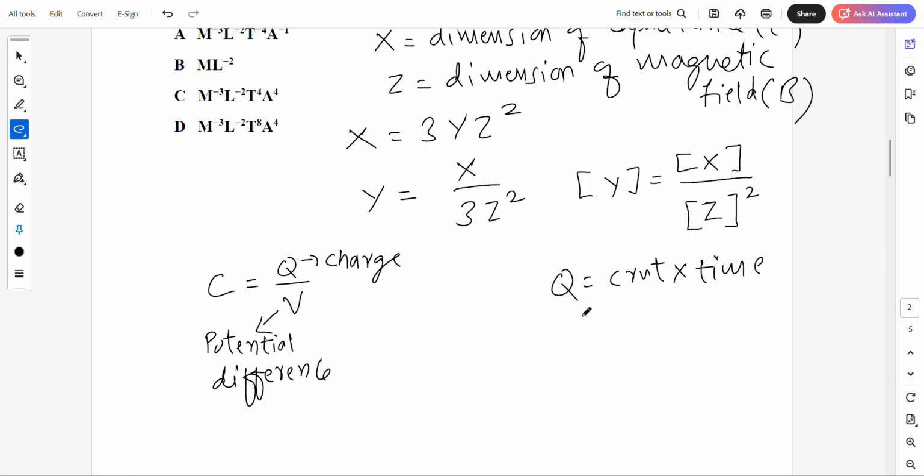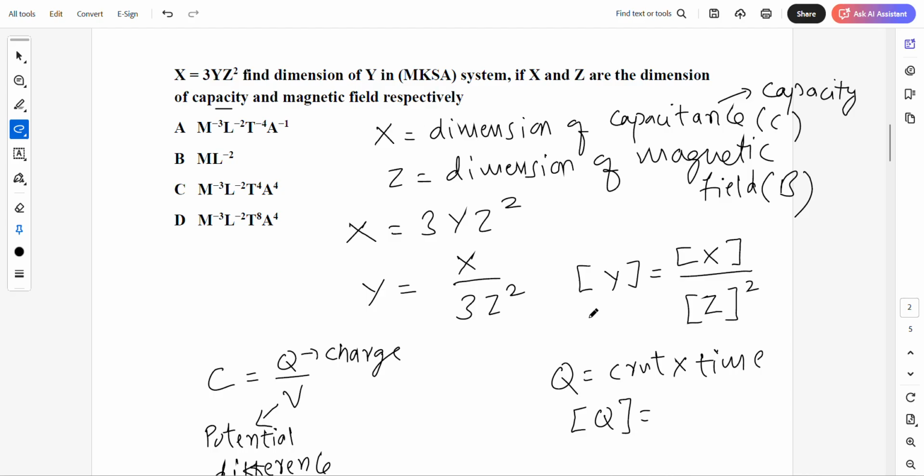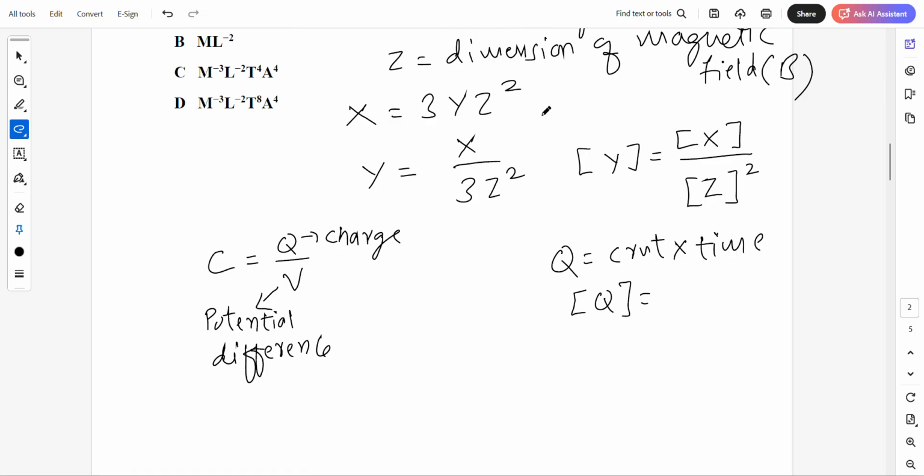So what are the dimensions of Q? Current, we should take as ampere as they have given, A into T, that is AT I can write. What is the dimension of potential difference?